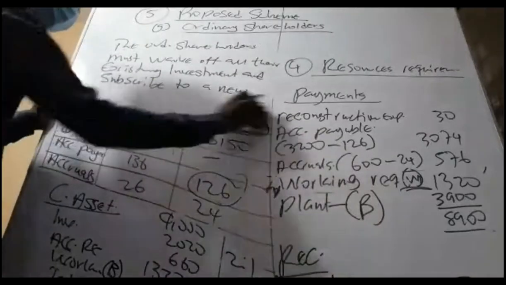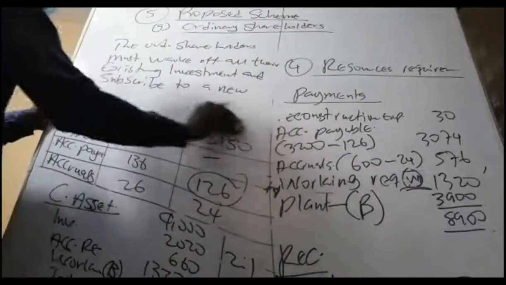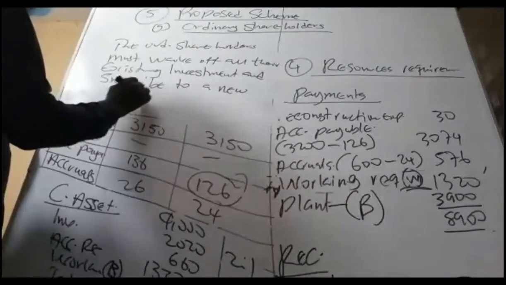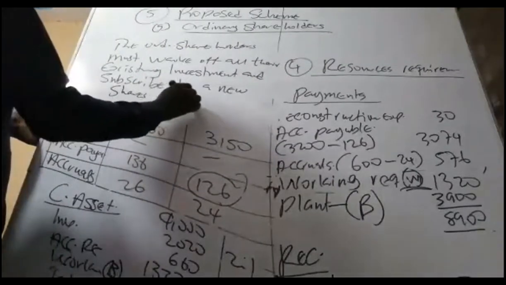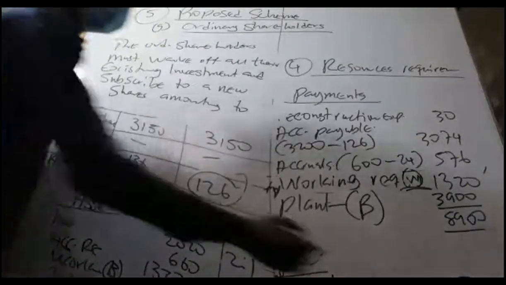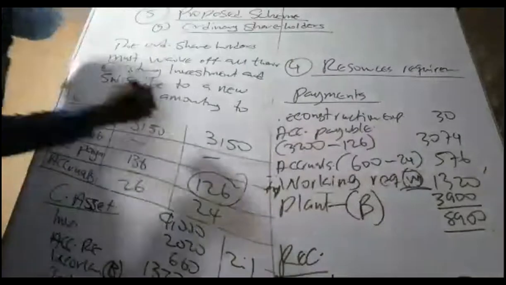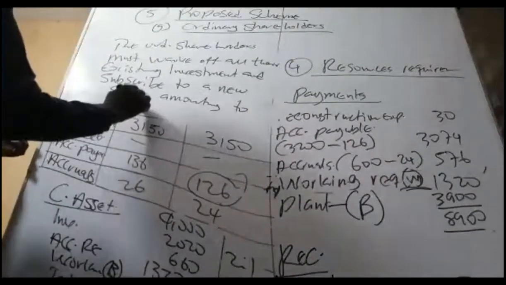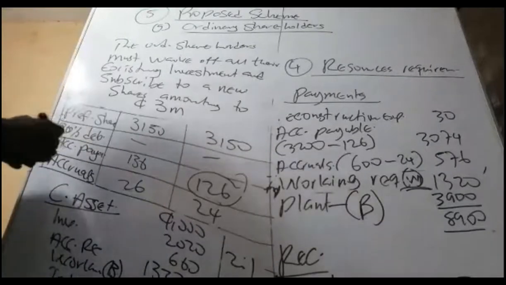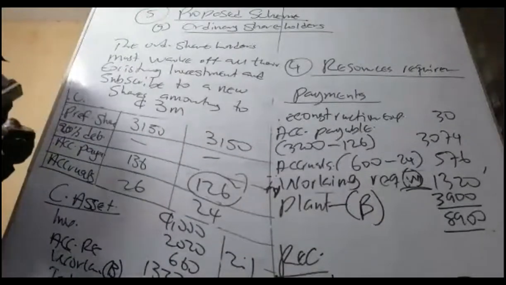I can take ordinary shares there. Subscribe to new shares amounting to 3 million, payable by cash immediately.